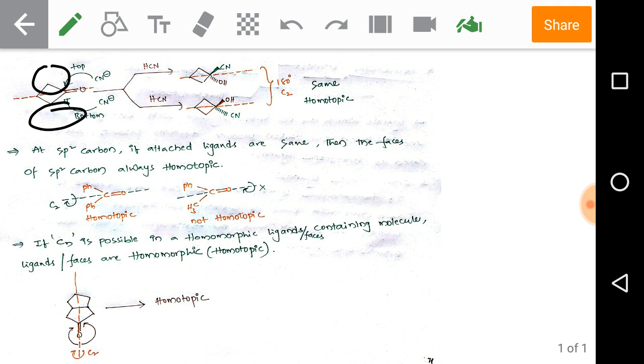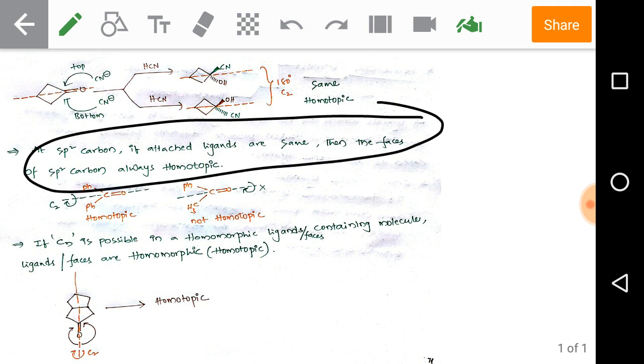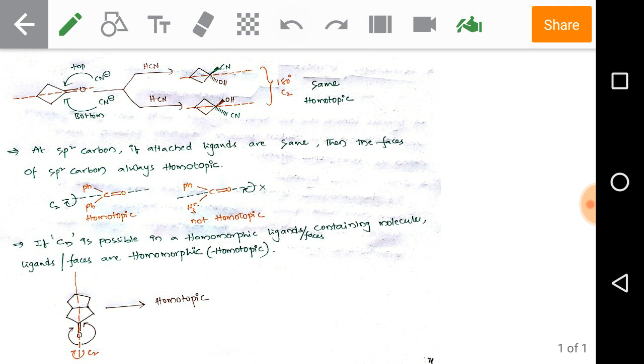Hence it easily produces homotopic stereoisomers. Now, at an sp2 carbon, if the attached ligands are the same, then the phases of the sp2 carbon are always homotopic. Observe here, methylene groups are attached on the sp2 carbon, so the phases become homotopic.